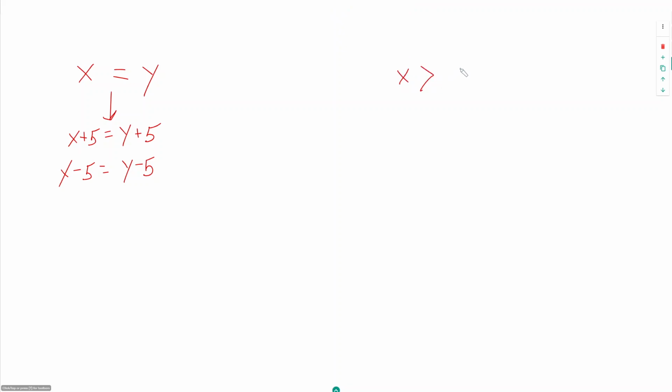x is greater than y. Well, the same thing here should be true. You should be able to add or subtract from each side of your inequality as long as you do the same thing to each side. So if x is greater than y, it should also be true that x plus 5 is greater than y plus 5, and x minus 5 is greater than y minus 5.